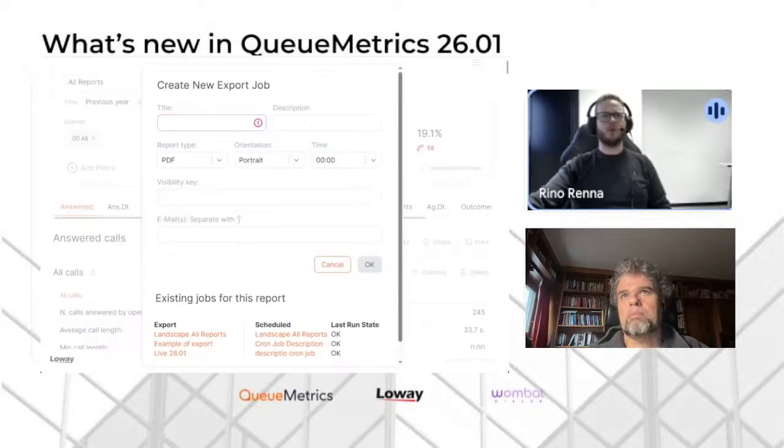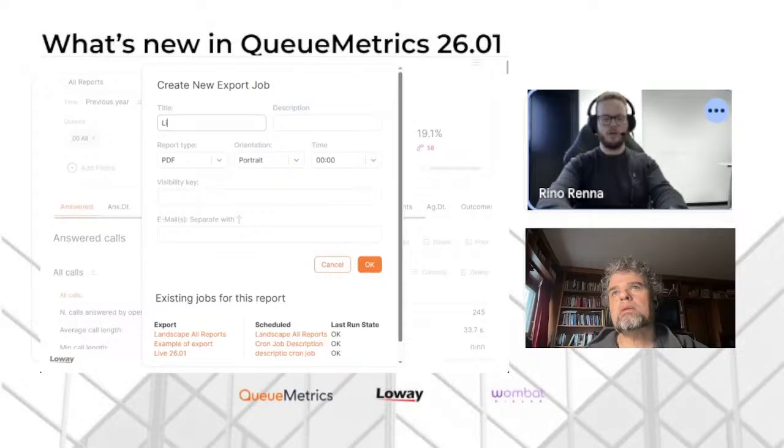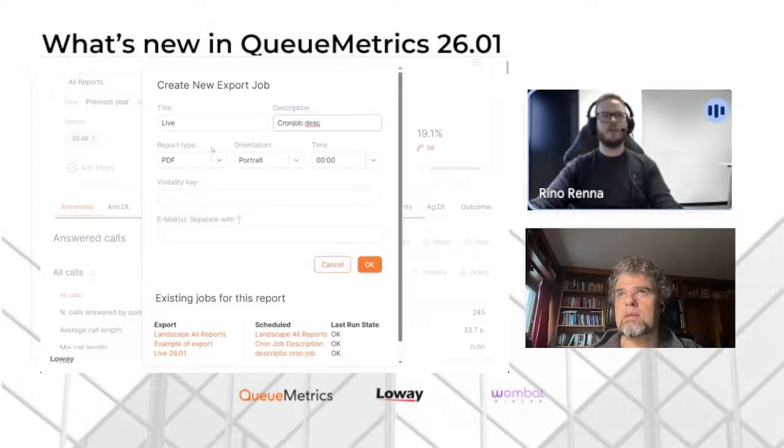Yes. So, for example, now we will create a new export job. We're going to call it live, with the description of the cron job. We have the report type, if you want PDF or XLS, the orientation, landscape or portrait, and when the cron job has to run.